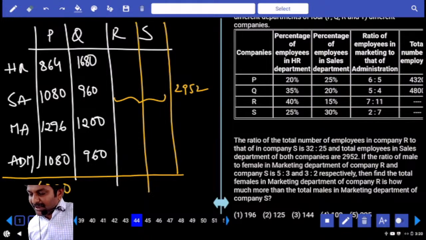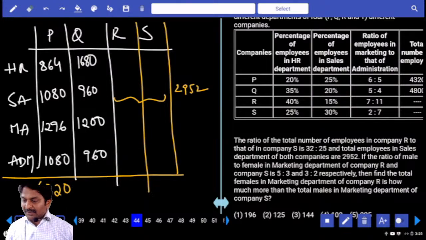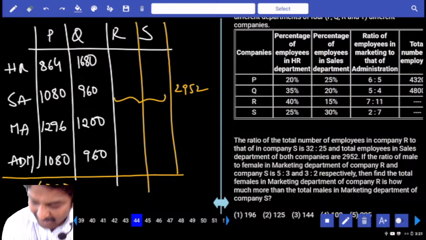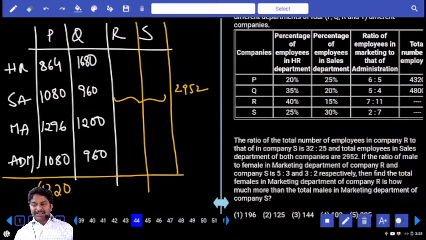Ratio of male and female in marketing department of company R and company S is 5:3 and then 3:2 respectively. Then find total female in marketing department of company R is how much percentage more than total male in marketing department of company S.